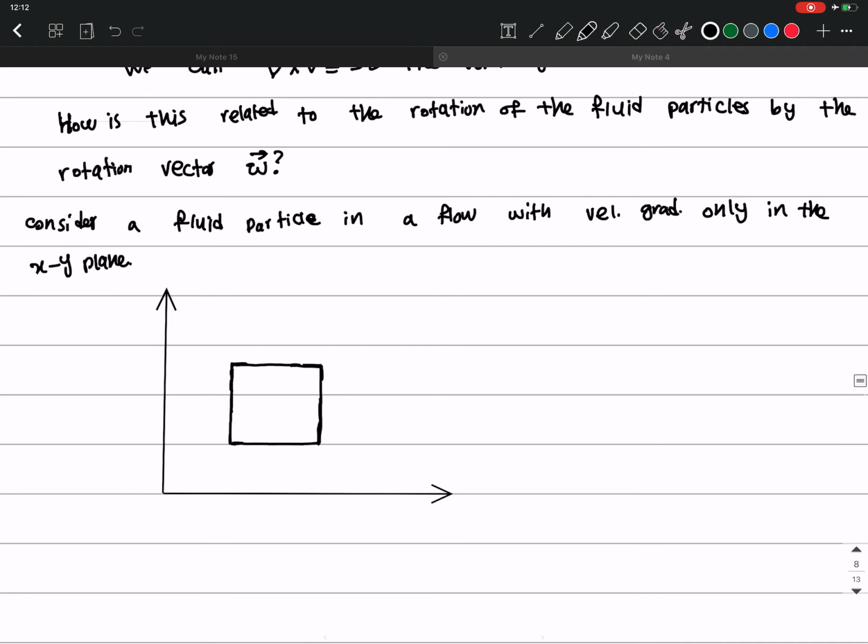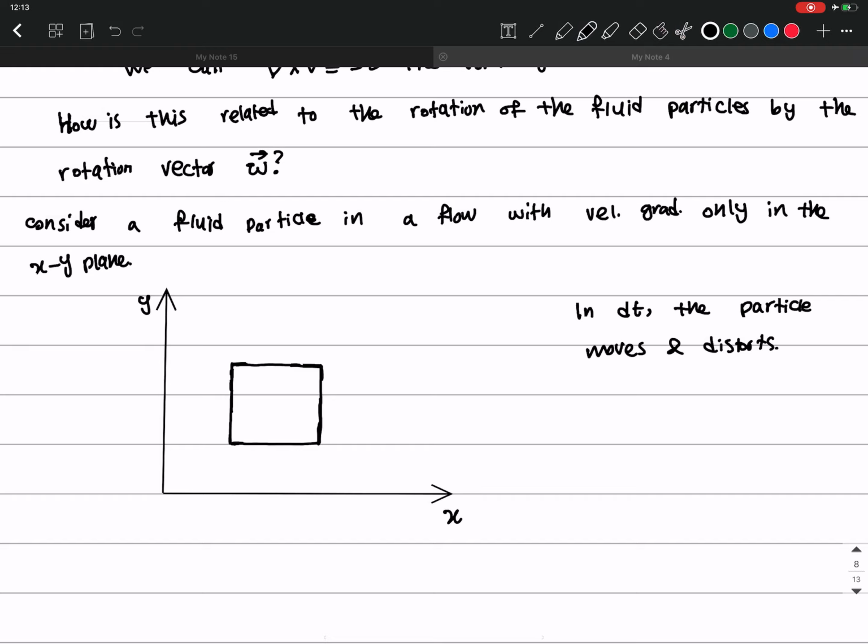So say here is X and Y, and we have this fluid particle, okay? So let's say after dt, a short interval of time, the particle moves and distorts, right?